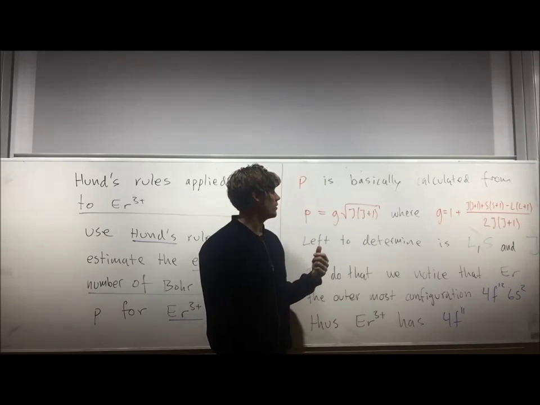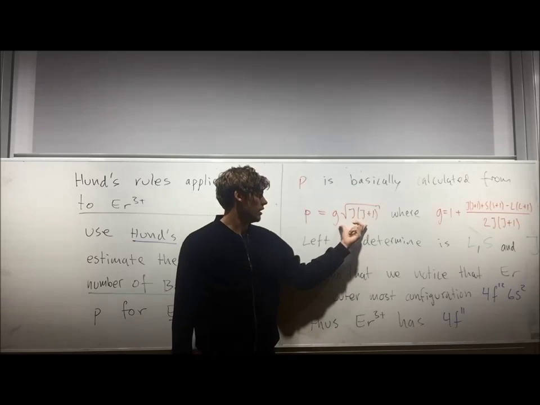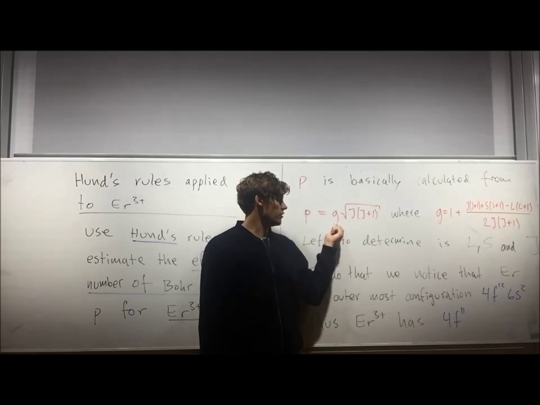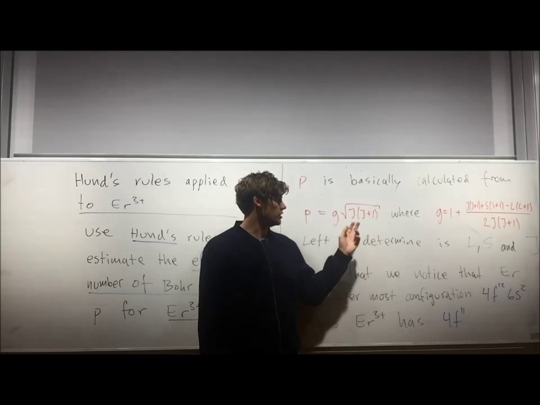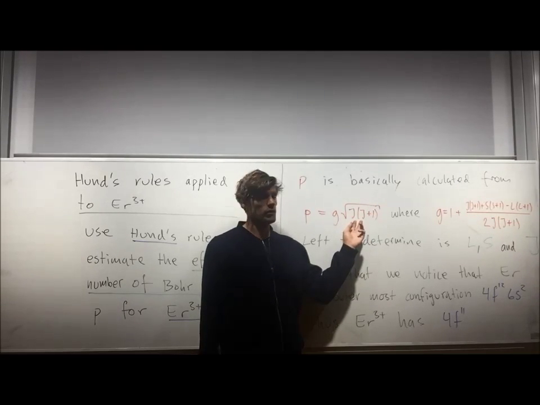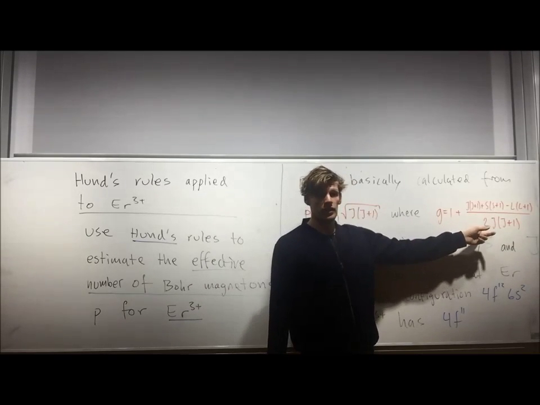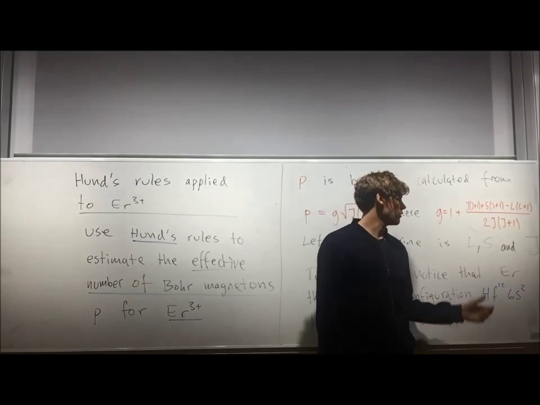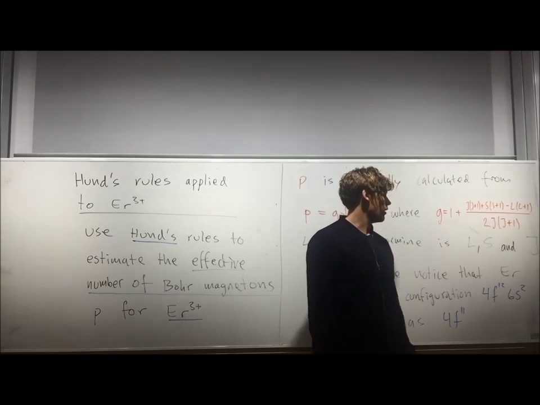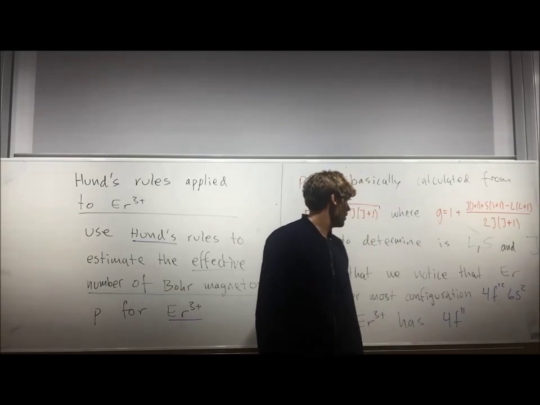In order to do that, we use the fact that the effective Bohr magneton is this g factor times this expression here, where J is the total angular momentum quantum number, and g is defined as you can see here, an expression which can be determined in any quantum mechanics course.